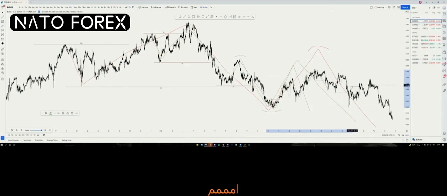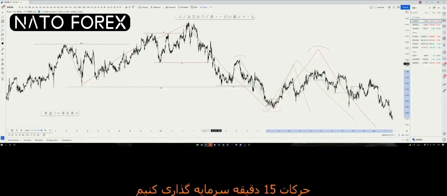And once we start getting really good at reading structure, we can capitalize on a lot of these 15M moves.